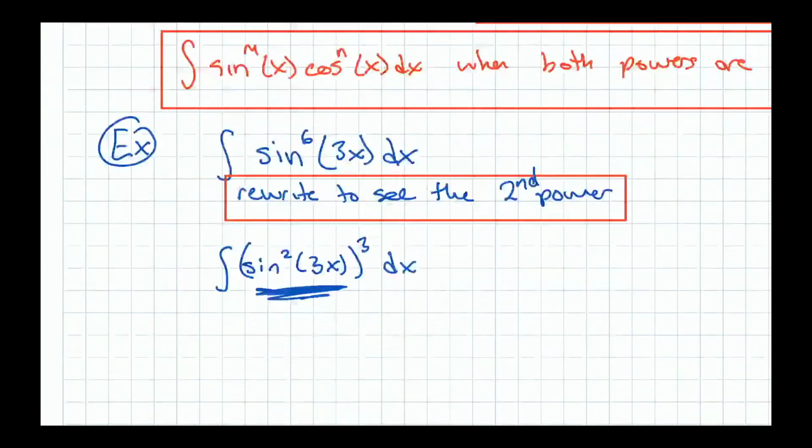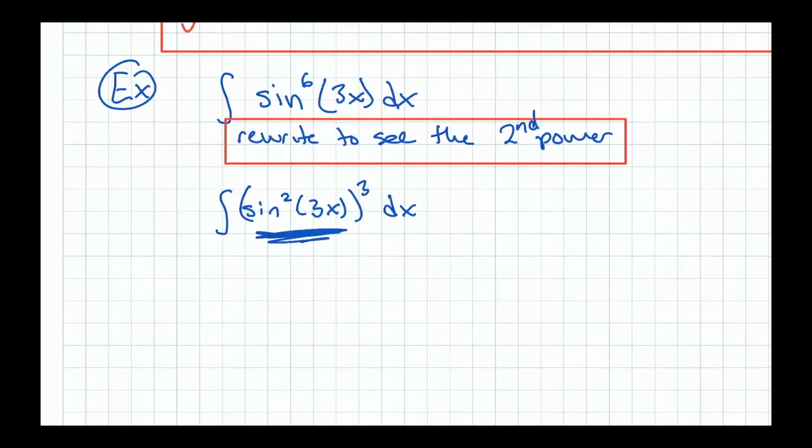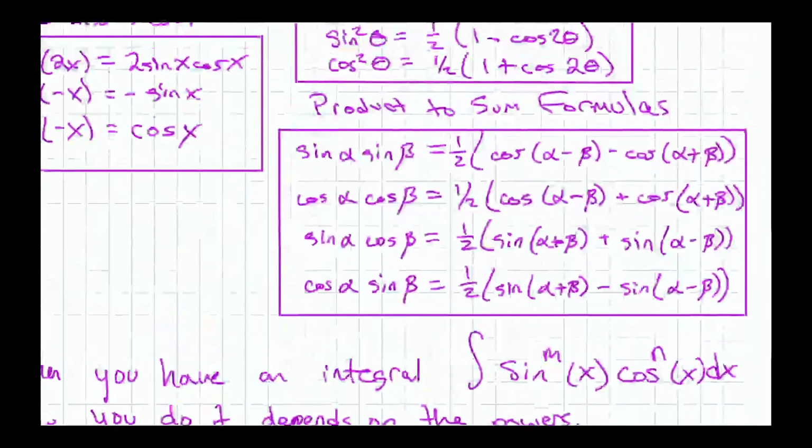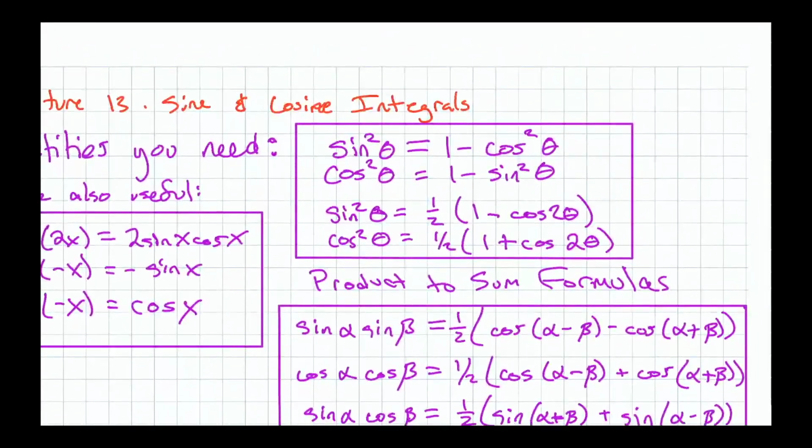So if I changed sine squared into cosine squared, I would still really have a 6th power, and that doesn't help, okay? So if you scroll all the way up to our trig identities, you'll see that we've got other identities. So what we want is not this top one here, because that doesn't change the power. We want the one that changes the power, so we want this one right here. Okay, that will let the power go from 2 to 1, and that's actually going to be helpful for us.